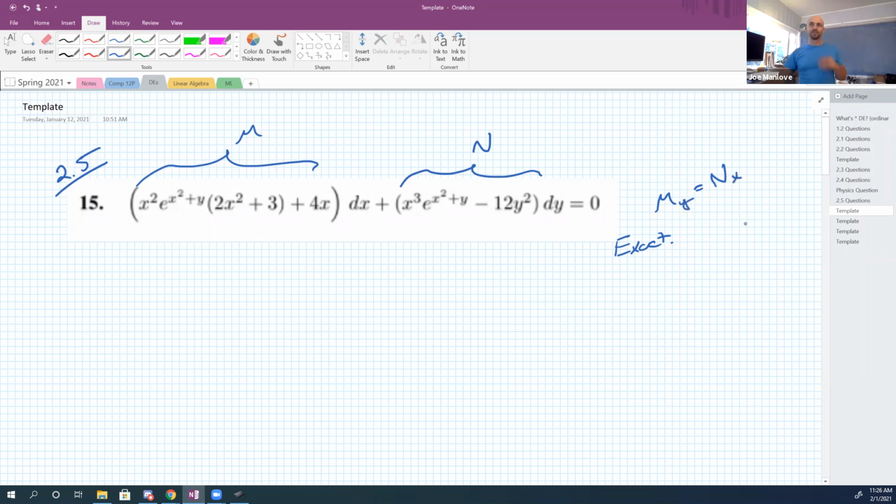Okay, perfect. So the y partial of the first thing is the x partial of the second. And really, who did the test for exactness? Which French guy? Clairaut. Good. So we channel the ghost of Clairaut here. We find out that this thing's exact.